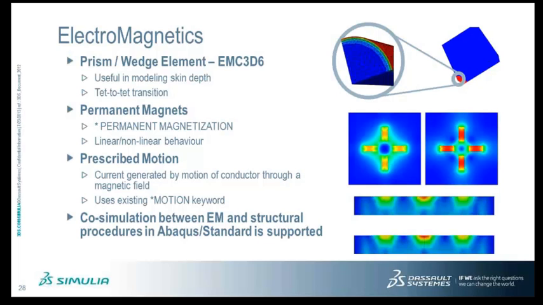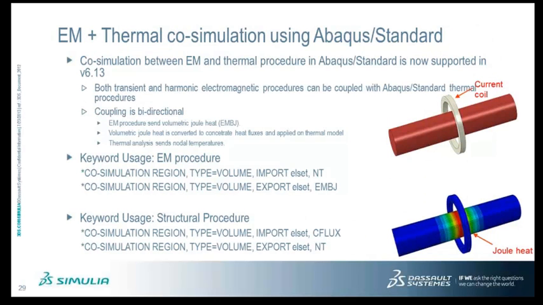And the last bullet point here talks about co-simulation between EM and structural procedures, and Abaqus Standard is now supported, as well as co-simulation between EM and heat transfer, which on the next slide, we have an example of an induction heating problem, where you have a coil going around a cylindrical workpiece. And as you run current through the coil, it heats up the workpiece.